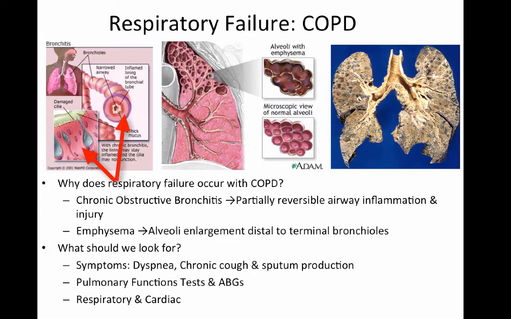So the chronic bronchitis patient really is marked by chronic inflammation, mucus production because of these hyperplastic goblet cells, and then you wind up with long-term fibrosis of that airway. So the airway becomes more narrow over time, and it becomes harder and harder to breathe over time, which is why dyspnea in COPD is progressive.